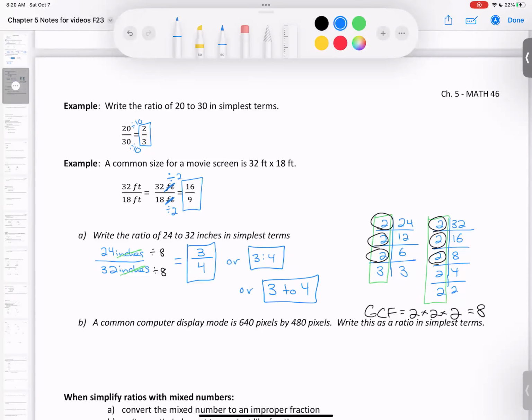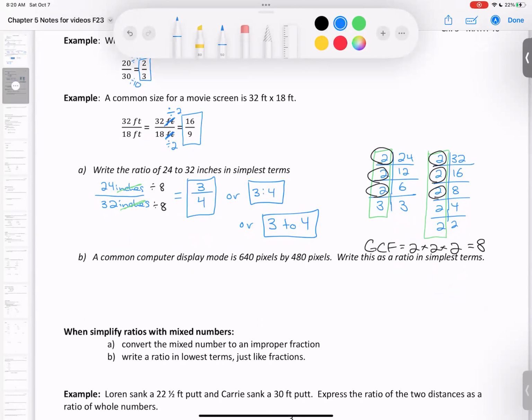Okay, next one. So a common older computer display mode, these notes are a bit outdated, is 640 pixels by 480 pixels. So we want to write that as a ratio in its simplest terms. So we've got the first number is 640, and then we're dividing that by 480.